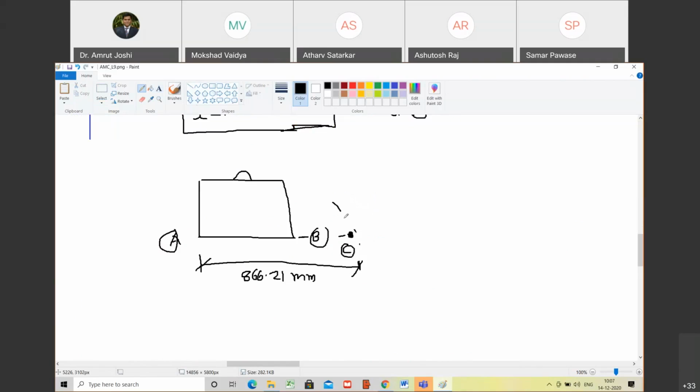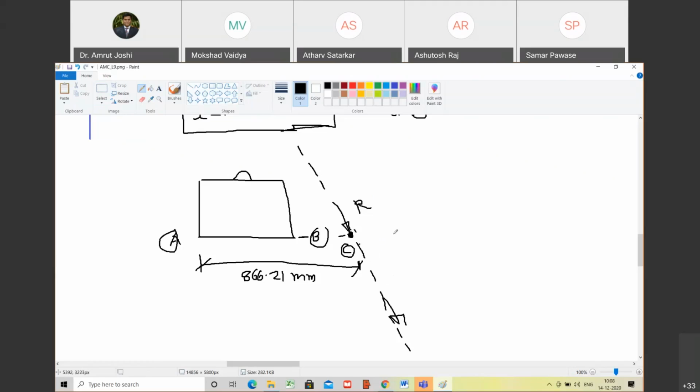Because look, the resultant R that I have applied here, if I extend its line of action, anywhere along this line of action, if I put the R, its moment is going to be 0 about C. Do you agree with me? Sir, how? Even if I put the resultant R here, what is its moment about C? It is 0 because the line of action is passing through C.